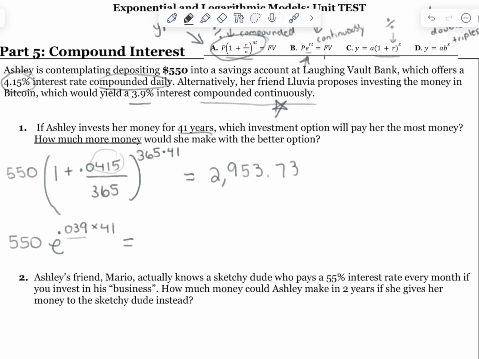Okay, so I'm going to put that in my calculator. And we get $2,721 with 45 cents.